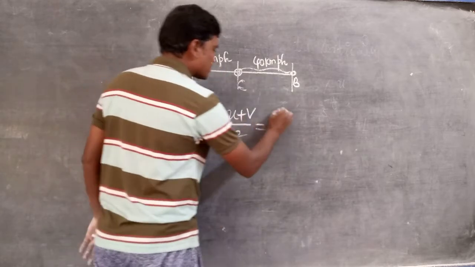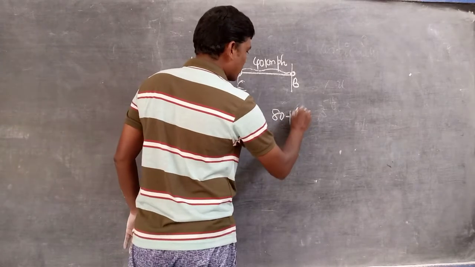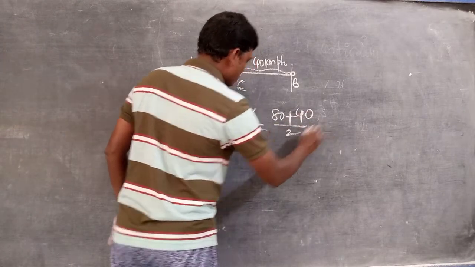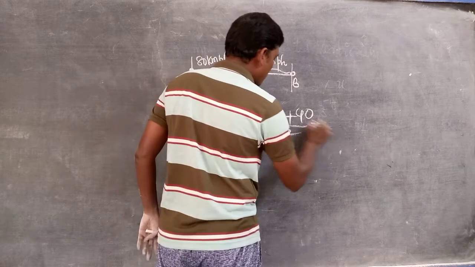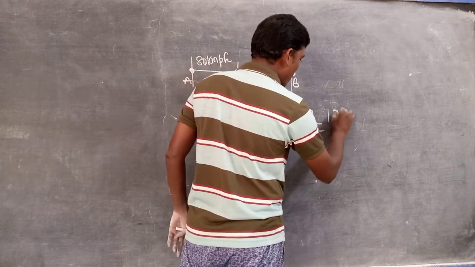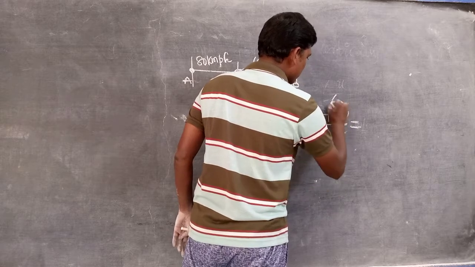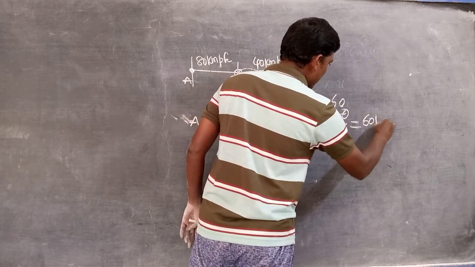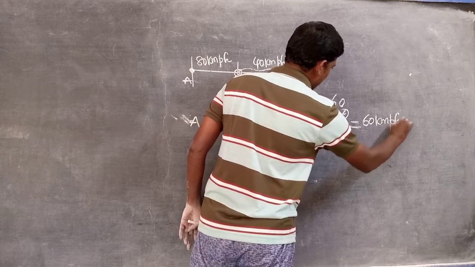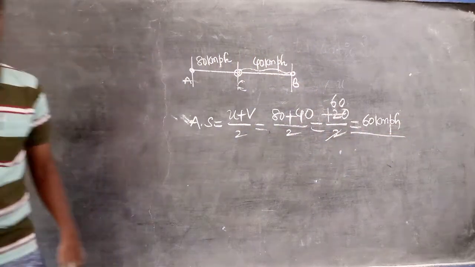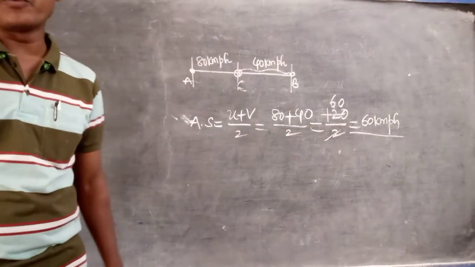That's why 80 plus 40 upon 2, that is 120 upon 2, equal to 60 kilometers per hour. That's why the average speed of the car is 60 kilometers per hour.